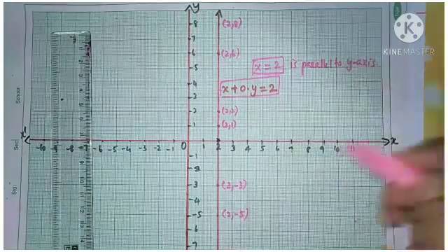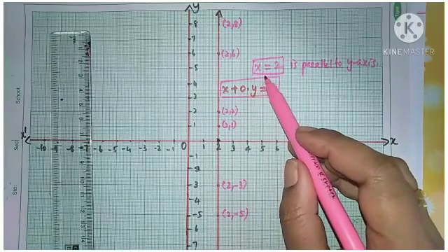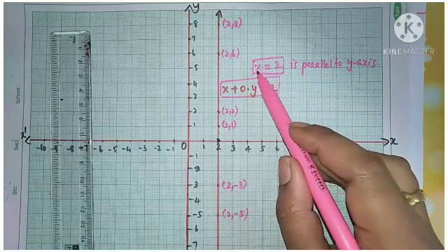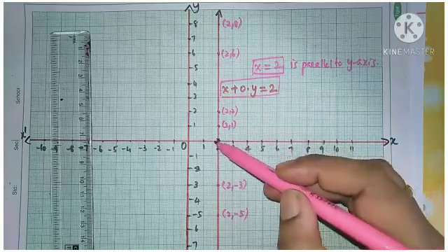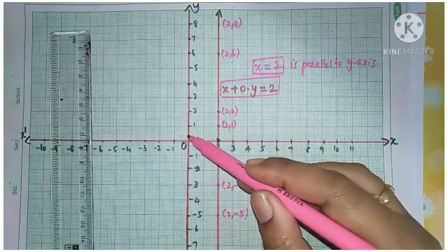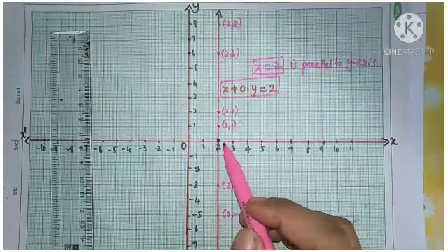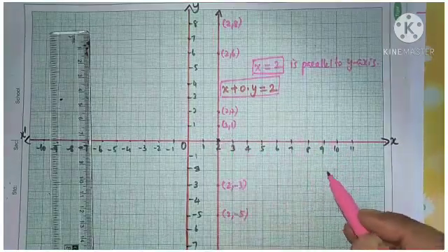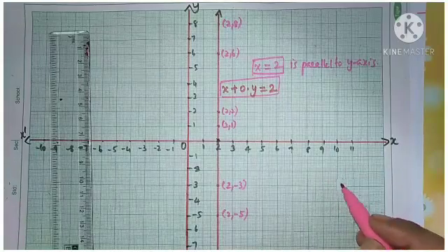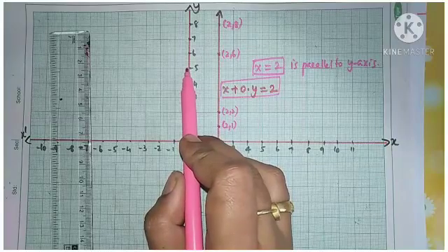Understand? So what is the meaning of this? If you get a linear equation where x is equal to a constant, when you draw that graph, it will be parallel to y-axis. Similarly, for the other situation, if you are given y equal to 5, suppose y equal to 5, what will you do?